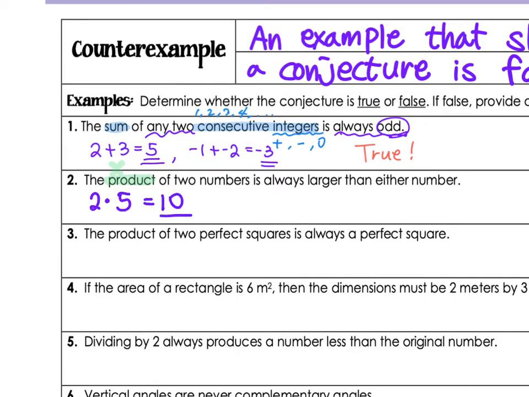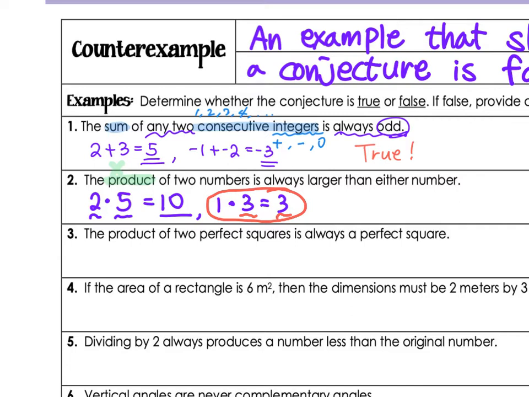So 10 is larger than 2, also larger than 5. It seems like it makes sense. What about, let's do 1 times 3. That will be 3. Is 3 larger than 3? No, it's actually the same, right? So this example makes that statement false.